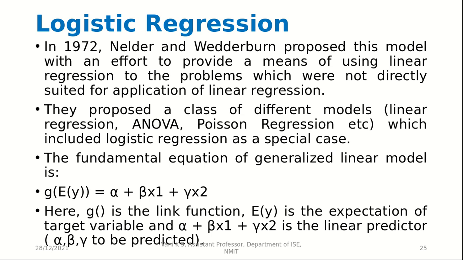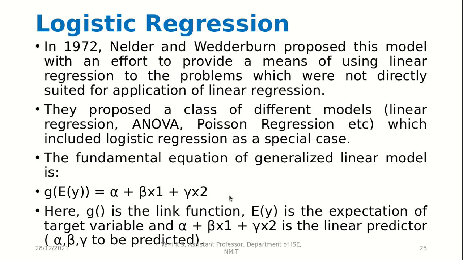Then a different model which included logistic regression was also proposed, and the fundamental equation of the generalized linear model was g of E of y is equal to alpha plus beta x1 plus gamma x2. Now you can compare it to the perceptron.